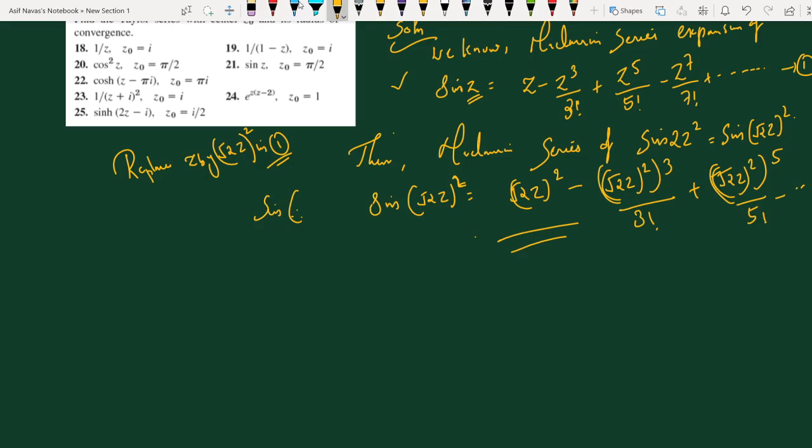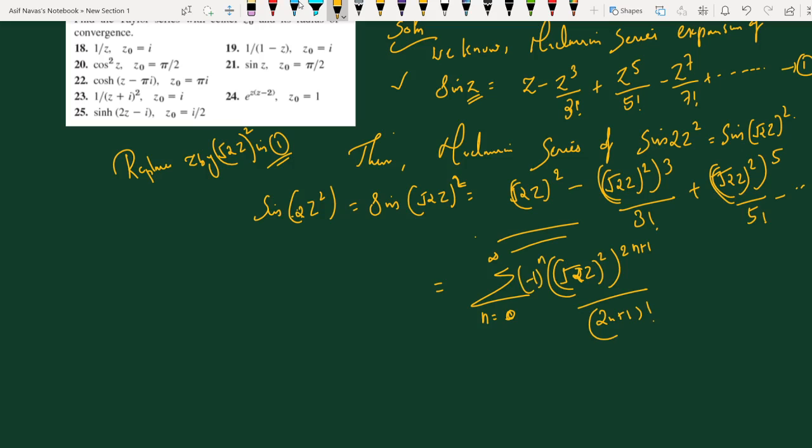Now if you write it in the form n equal to 0 to infinity, this you can write as root 2z all square all raised to 2n plus 1 divided by 2n plus 1 factorial, with sign plus when n equal to 0, minus when n equal to 1, plus, minus.